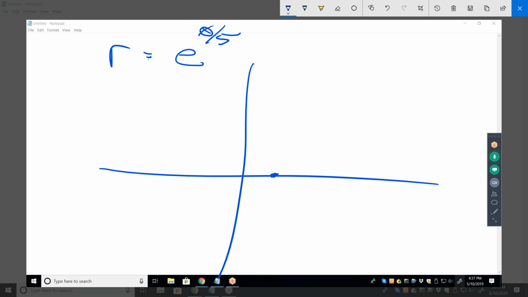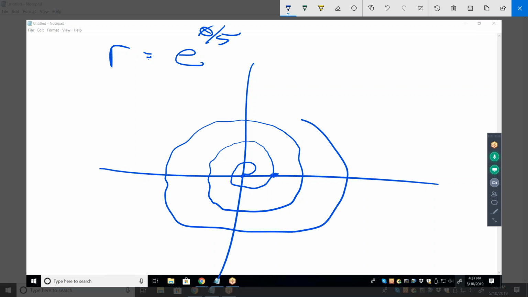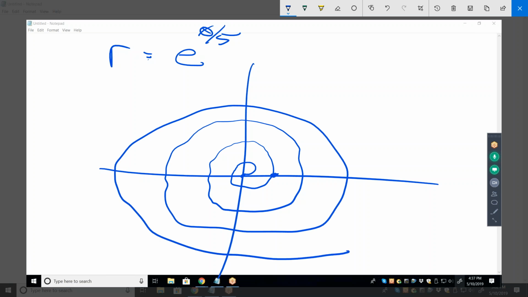And if you run it from 0 to 2 pi, you get an Archimedes spiral, which looks something like this. It's a spiral. Depending on how many times you go around depends on how big your spiral gets. The first loop around got me to there, that was going from 0 to 2 pi.